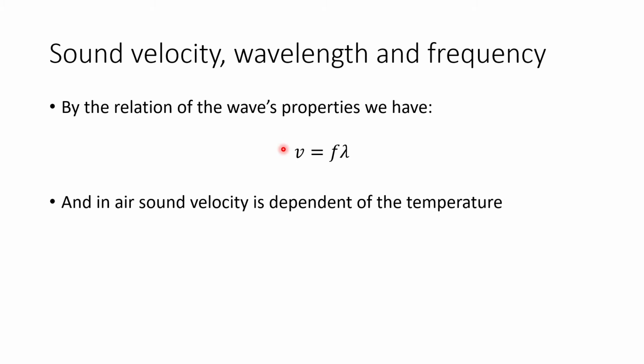And again, from our theory, we know that the air sound velocity also depends on the temperature. If we know the velocity at 0 degrees Celsius to be 331.5 meters per second, then if you multiply the temperature in Celsius by 0.6 and add it, you should get a rough estimation of the speed of sound in the air.